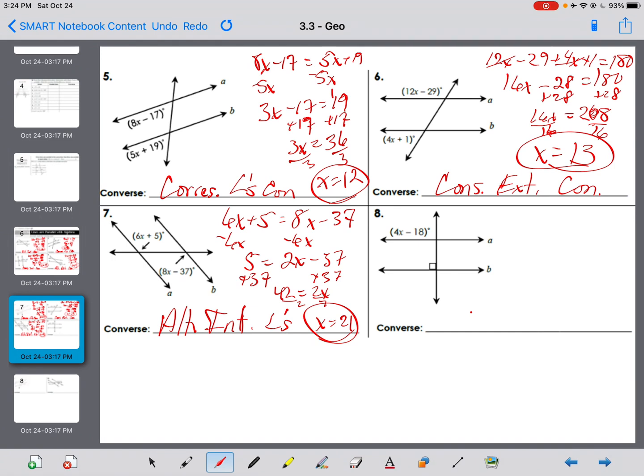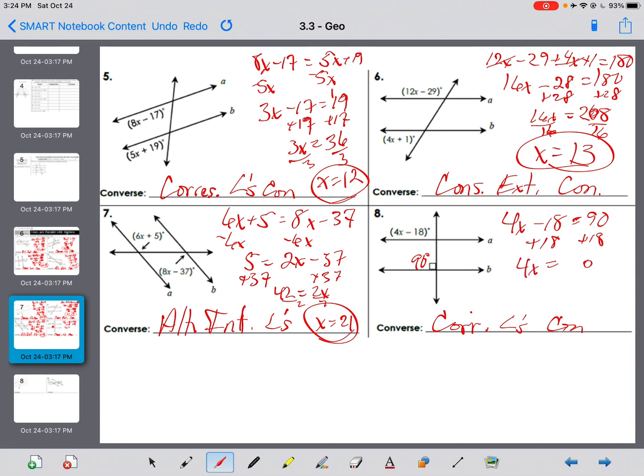Okay, now this one's a little weird. We got a little box, but that box means 90 degrees. Now, those are both top left. That's corresponding. That means they're congruent. So 4x minus 18 equals 90. Let's add 18.